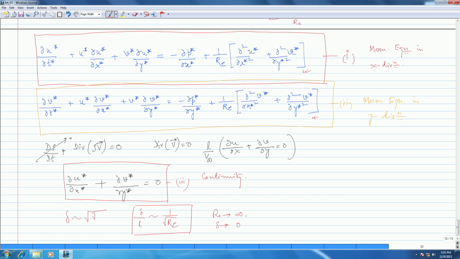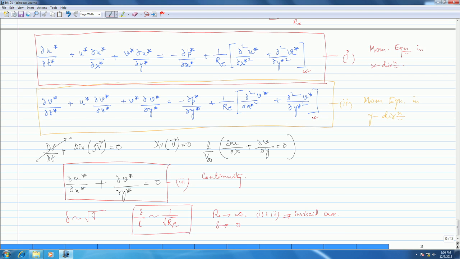If that happens, the equations reduce to the inviscid case. The whole lesson out of here is that at high Reynolds number, equations 1 and 2 reduce to the inviscid case, and this is solely from this consideration that we are talking about.